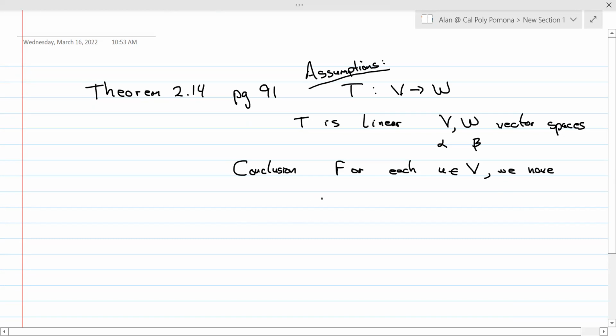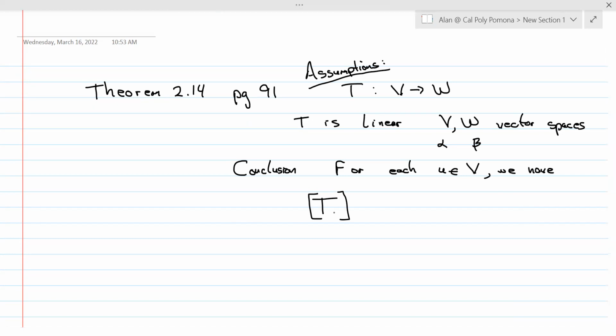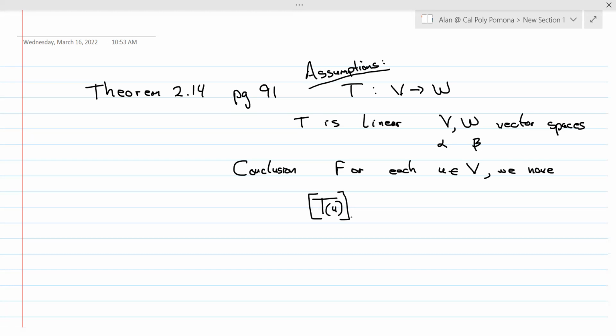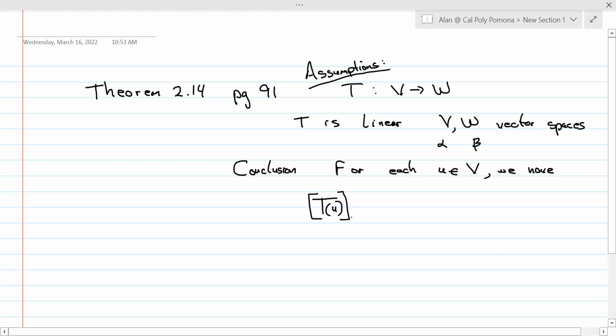If you take the matrix associated with T, so that's what we were playing with in the previous section, but you look at it after you let T work on U. So that's the matrix associated with TU, and TU is, of course, in W.